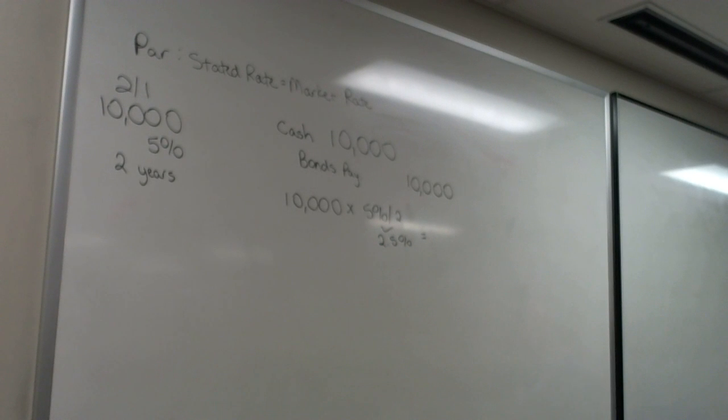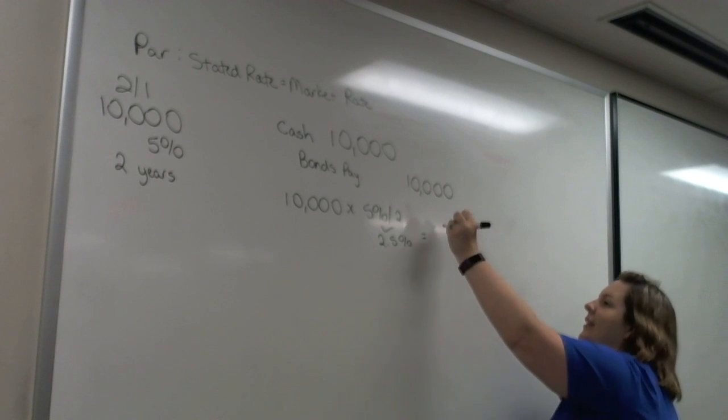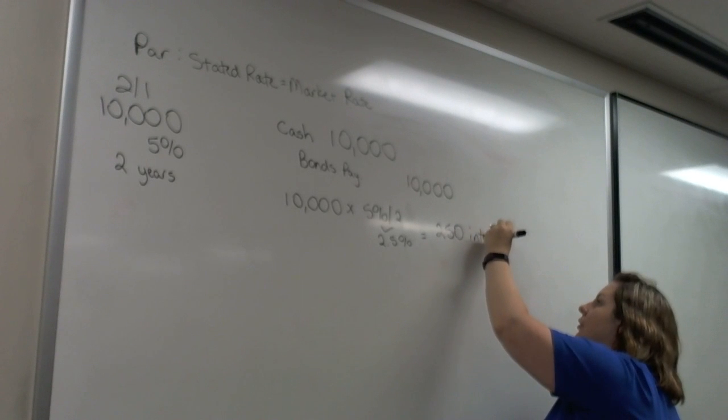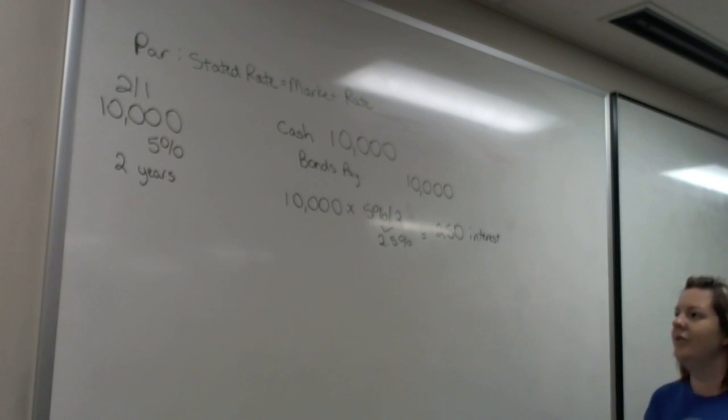So what's my interest on this bond? 2.5% of 10,000. $250. Thank you. Okay, so $250 of interest every 6 months, in this case just for 2 years.